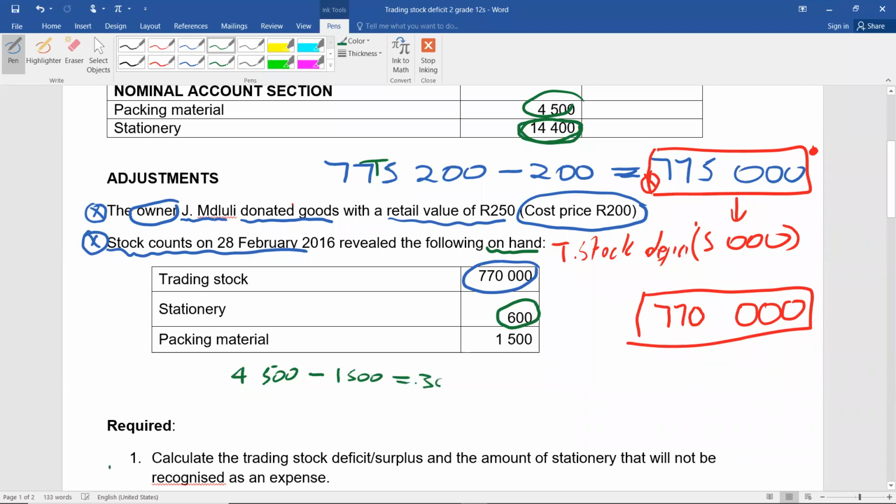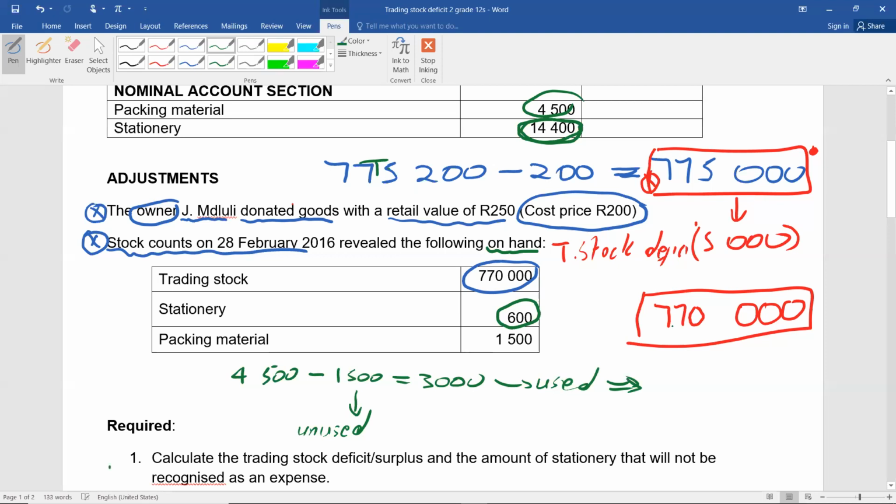Tell me, the 1,500, what is it? Is it the used part or the unused part? It's the unused. So this is unused. And then what will be the 3,000? It will be what we have used. What we have used. Where does this one go to?